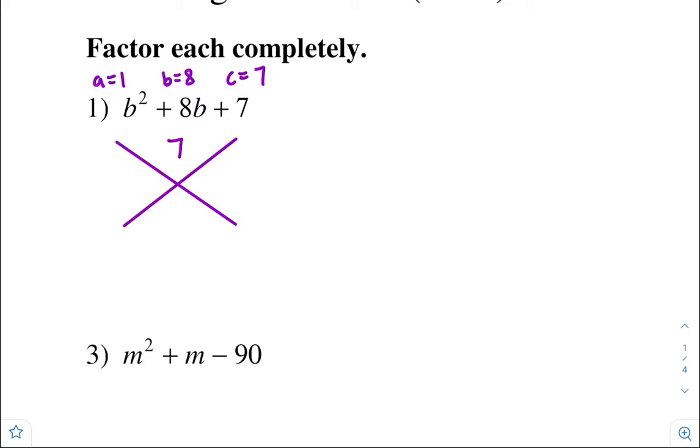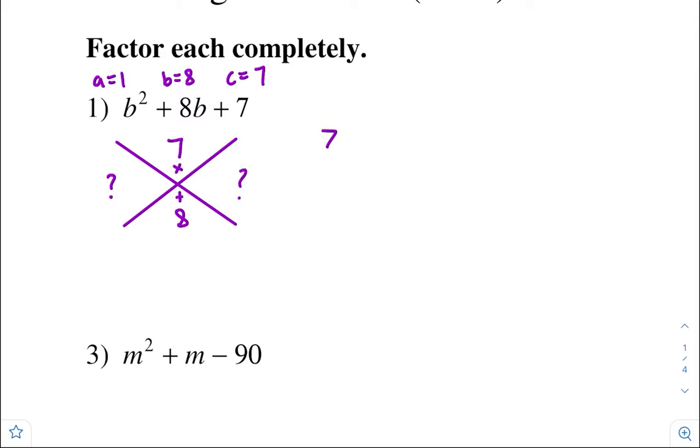On the bottom you have your b value, or the second coefficient, which is 8. Now you have to ask yourself: what two numbers multiplied together give you 7, but when you add them together give you 8?